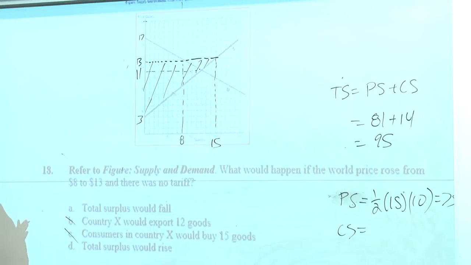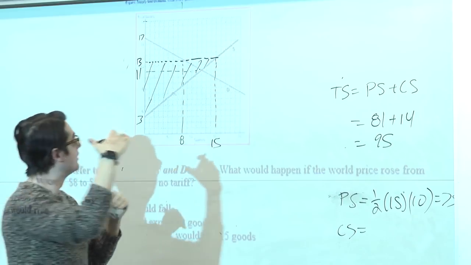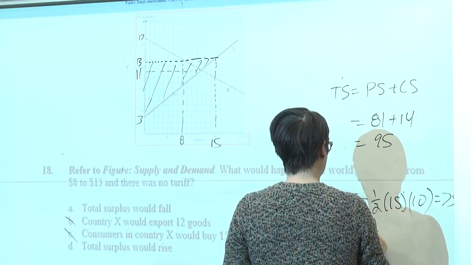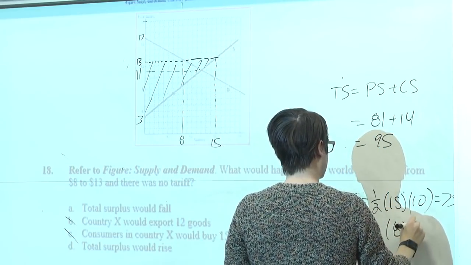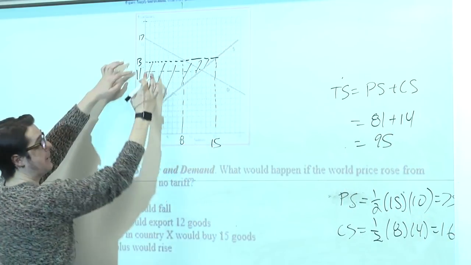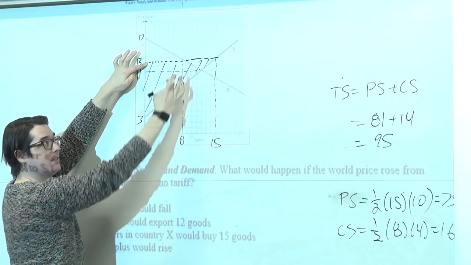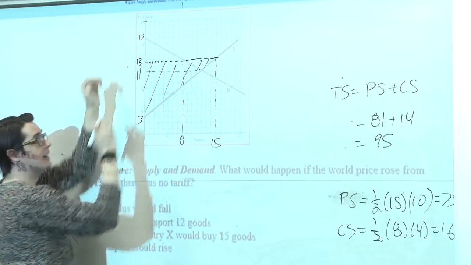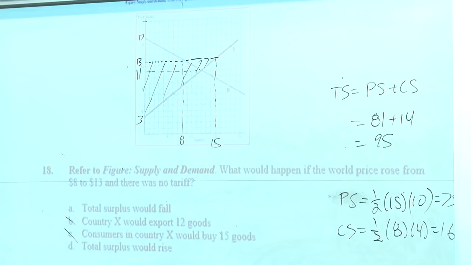What is the base? 8. What is the height? 4. Right? The base, they buy 8 things domestically, and the height of that triangle is 4. So 1/2 times 8 times 4 gives us 16.